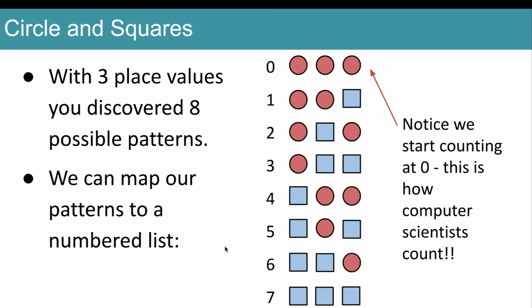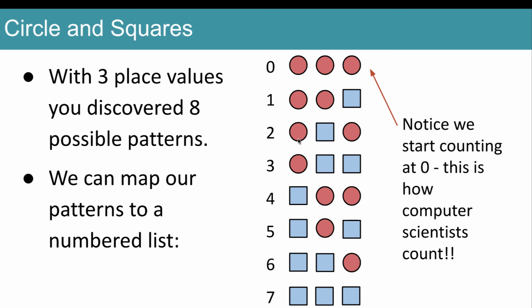So we can map 0 to the pattern circle, circle, circle. So whenever we see a circle, circle, circle, we know we're talking about the quantity 0. We can map circle, circle, square to the quantity of 1. And we can map circle, square, circle to a quantity of 2.